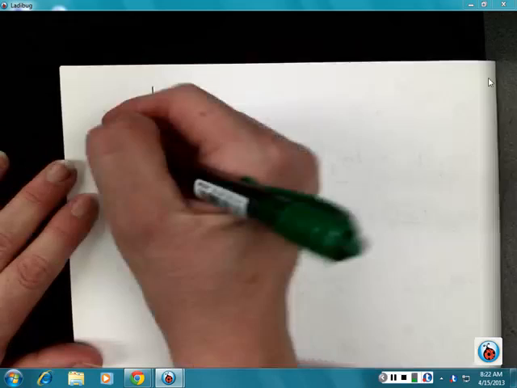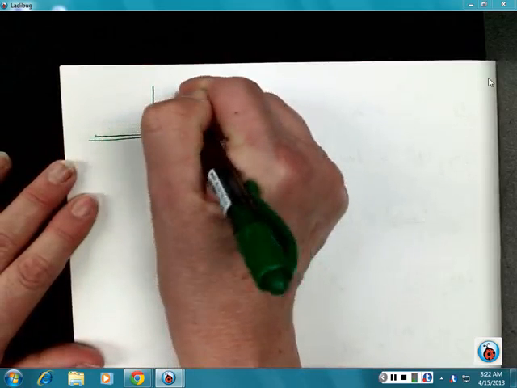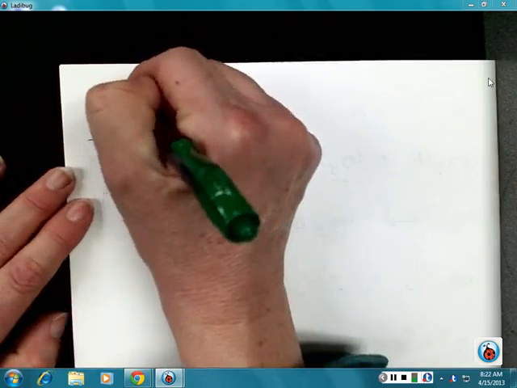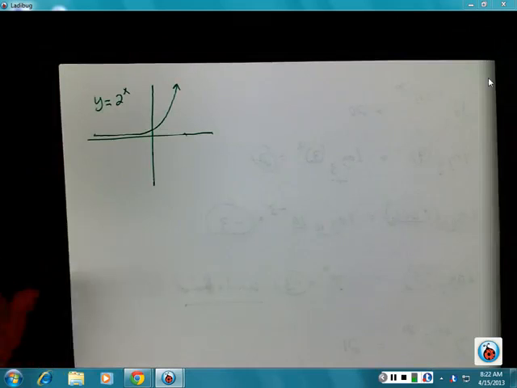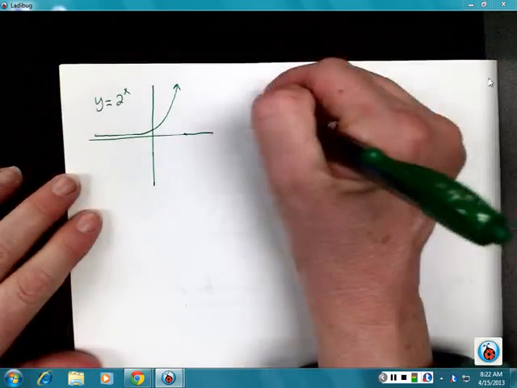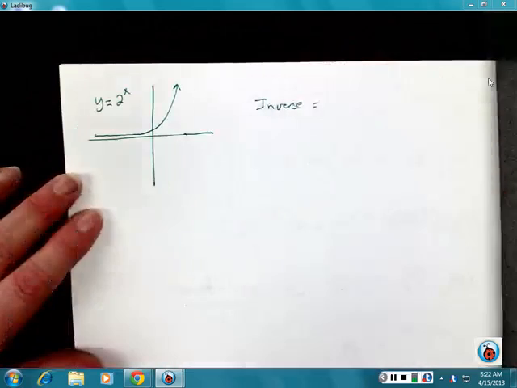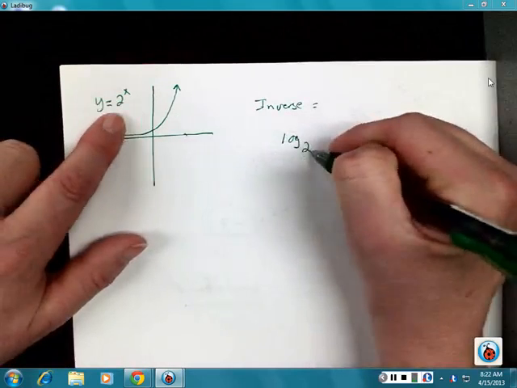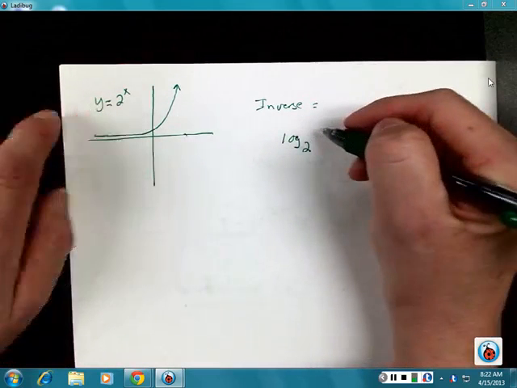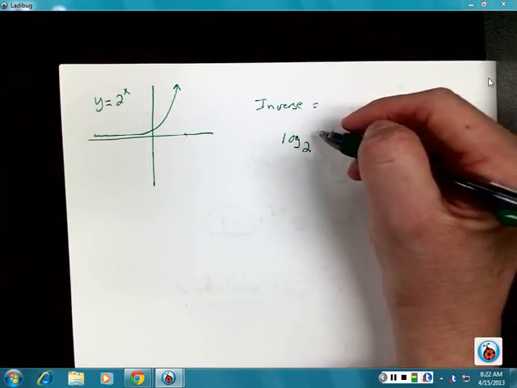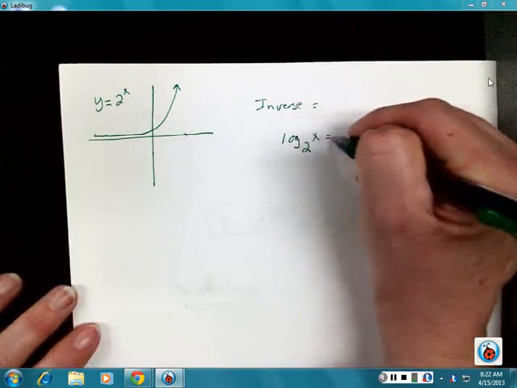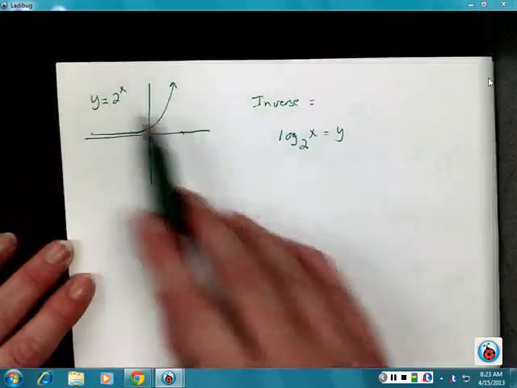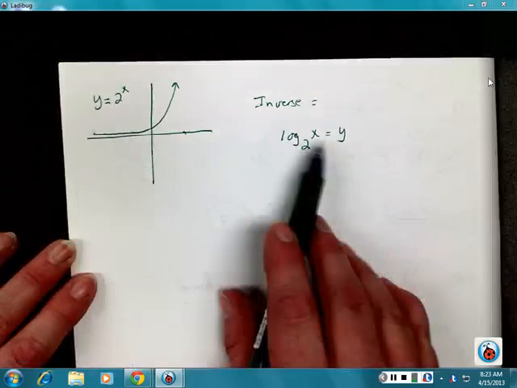And your exponential graph will come up at the top. So if that was y equals 2 to the x power, I would have that type of a format. If I did its inverse, which is to turn it into logarithmic form, it's going to be log little 2, and my answer with this one is x. It's reversed, because if I'm going to reverse this, I have to reverse this piece in order to get it to log format.